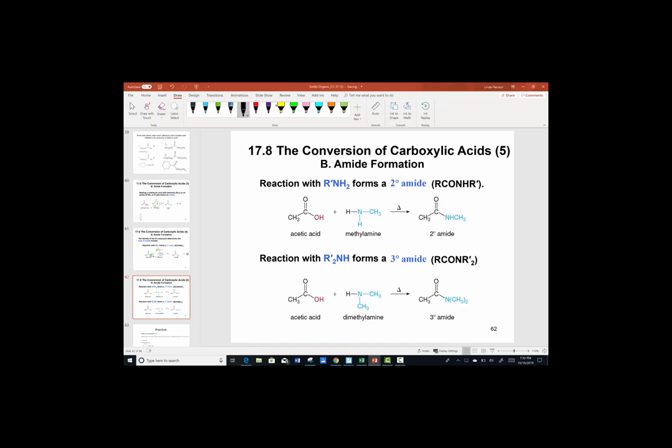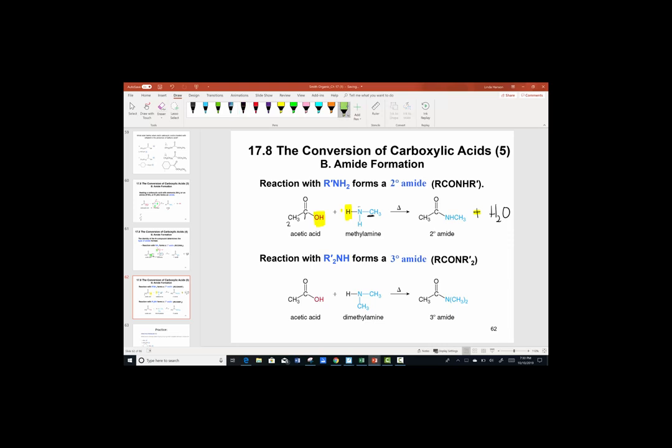When we look at acetic acid with methylamine, acetic acid has 2 carbons in the formula. Here's the nitrogen. Notice that it's attached to just one other carbon at this point, so it's named methylamine. When it goes on, this hydrogen and the OH here combine to make the water. Don't forget that that's always a byproduct. Sometimes the screens will leave it off, but we know that it's being formed.